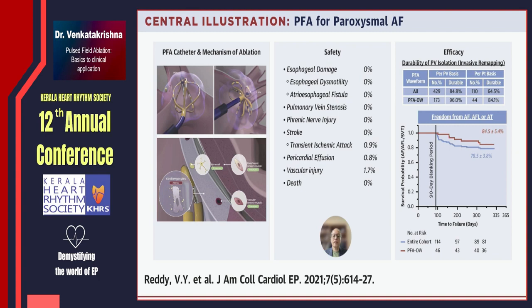Overall, there was an optimization protocol used in this study over a period of time among these 3 studies, where the pulsed field ablation was optimized in different forms, and hence the outcome got better and better, and overall success rates were in the range of 80% for paroxysmal atrial fibrillation at 1 year.